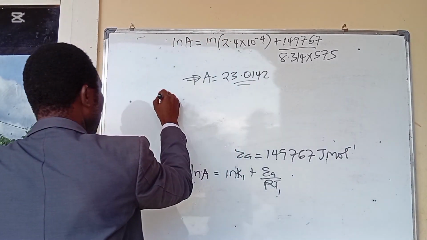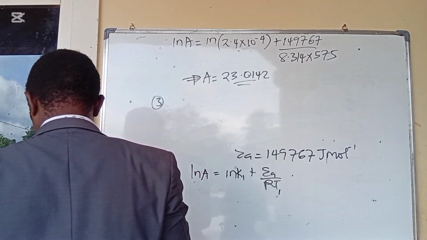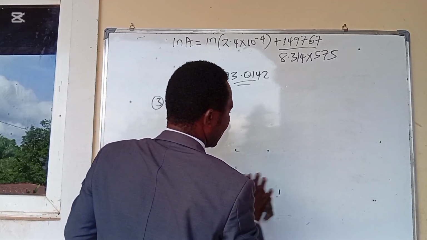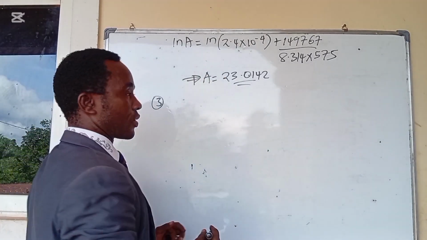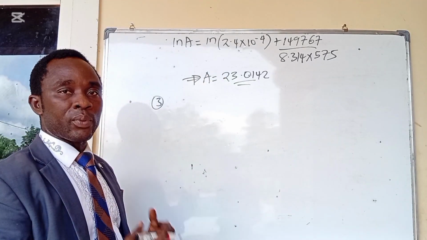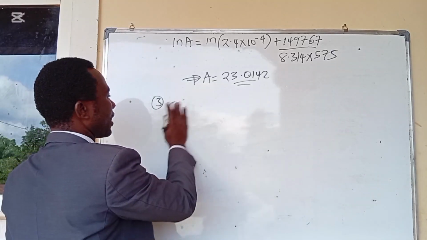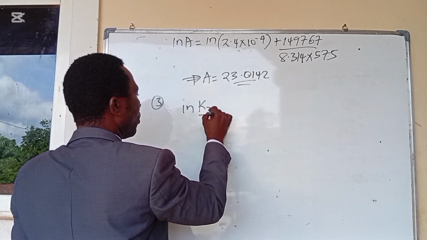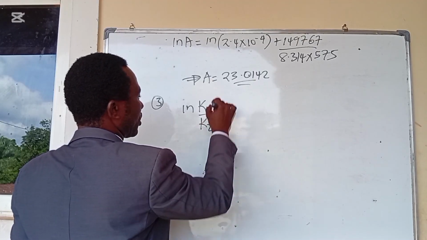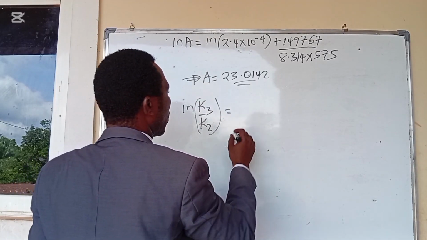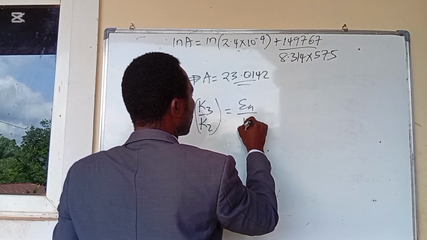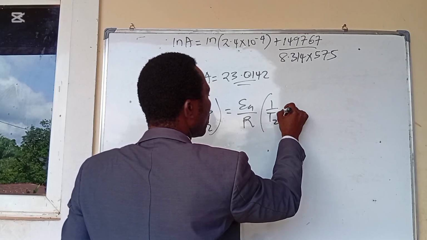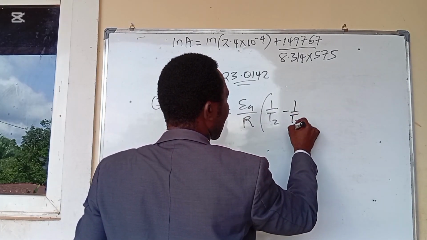Then number 3 says we should calculate the rate constant at a temperature of 400. So we can use ln K3 over K2 equals EA over R into 1 over T2 minus 1 over T3.